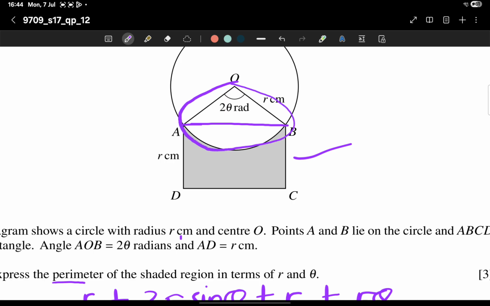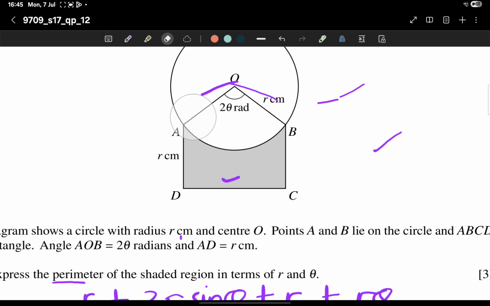And once we get that, we're also going to calculate the area of this triangle which is inside. Then we're going to say area of this sector minus area of this triangle, so that we get this area right here. And from the area of the rectangle, we're going to subtract the area of this part that I'm shading here to get the area of the shaded region, right?